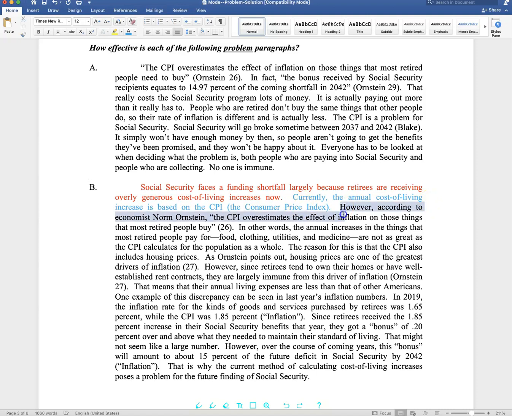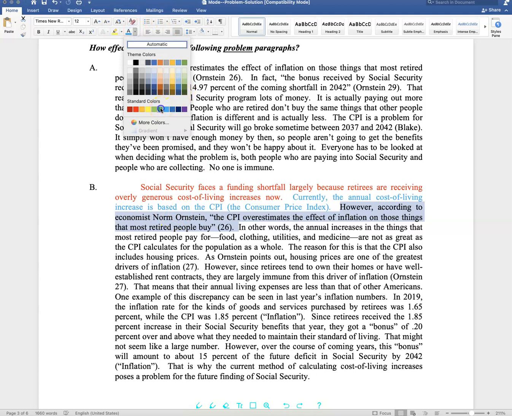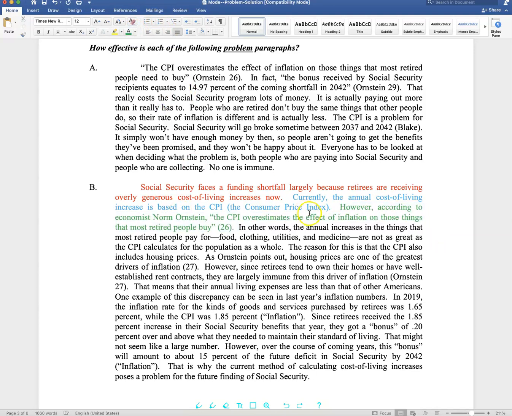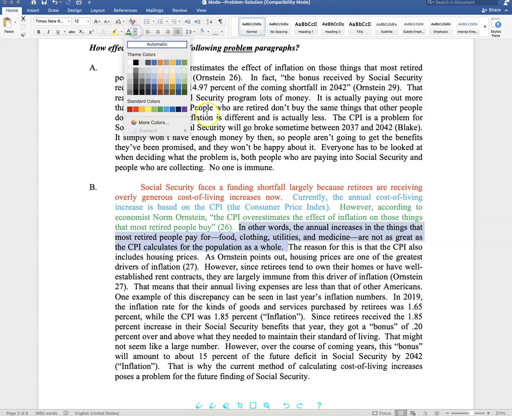And then we get our evidence here, which is a quote from this expert economist, Norm Ornstein. I'll put that in green. And he says the CPI overestimates the effect of inflation on those things that most retired people buy, right? And then we have some analysis here that explains what that means.